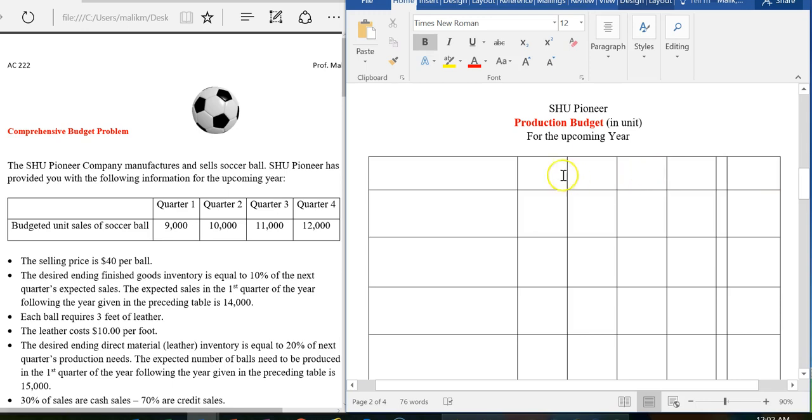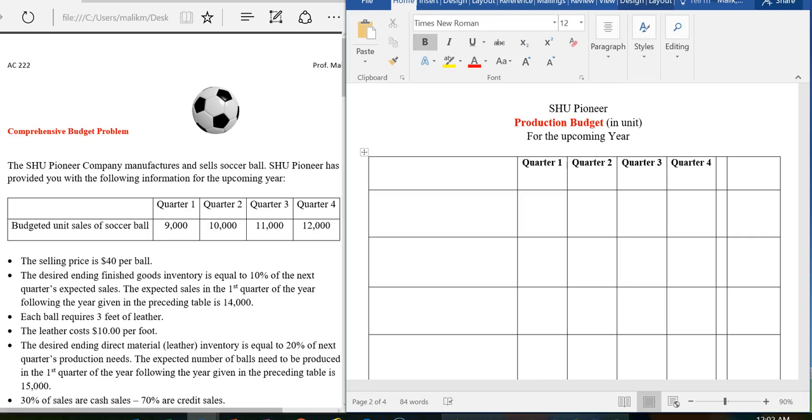Again, I'll write down the name of the quarter. Quarter one, quarter two, quarter three, and quarter four.